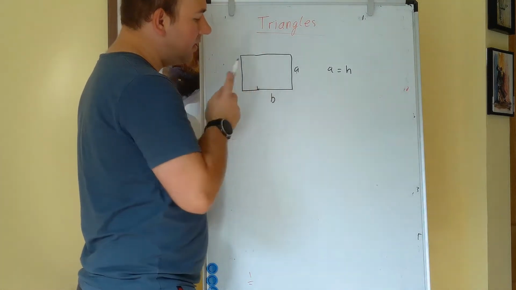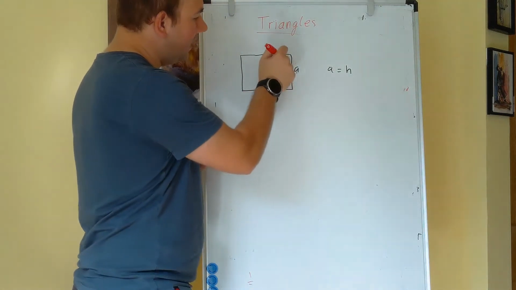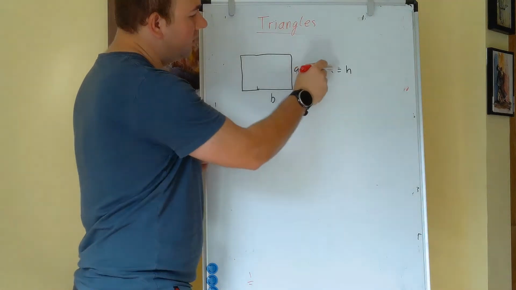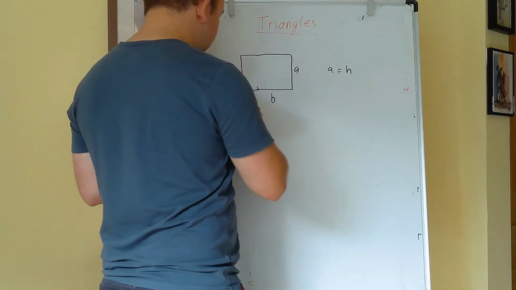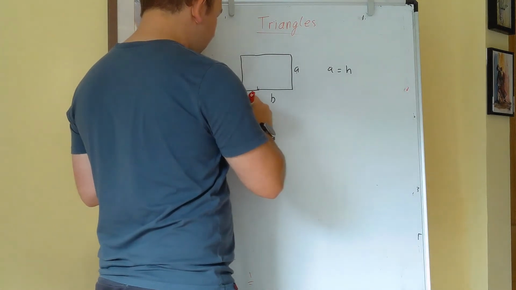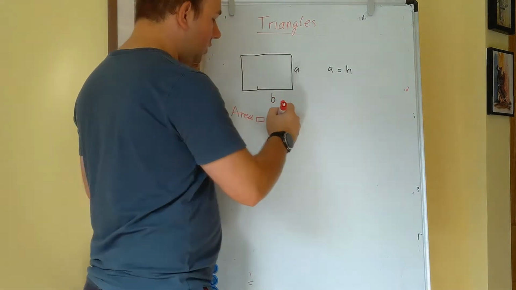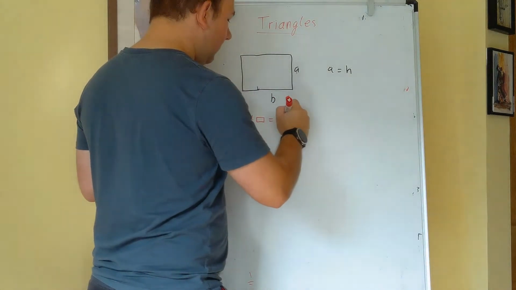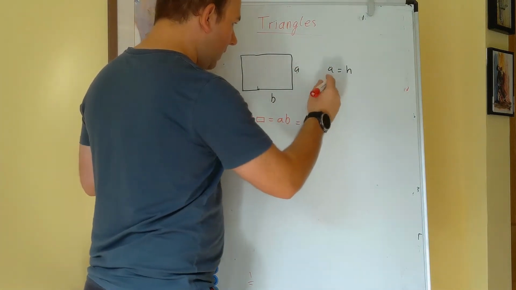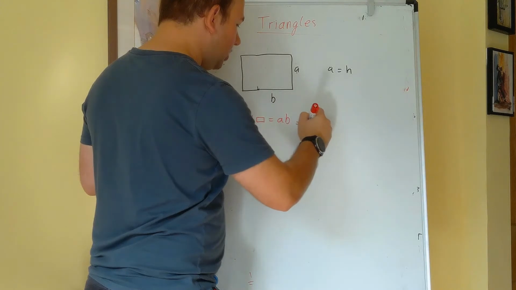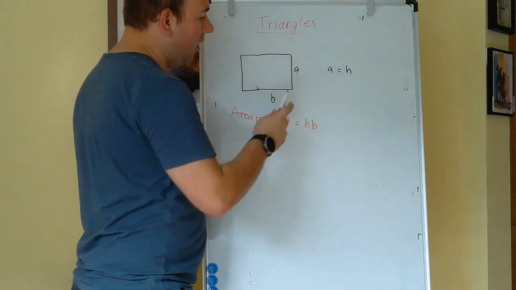I'm going to start with this rectangle with a base of B and a vertical height of A, so A is also equal to H. The area of the rectangle, which I'll symbolise as a box, is equal to AB, which is also equal to HB, because I can substitute the height for A.